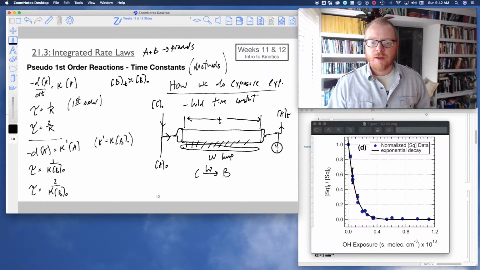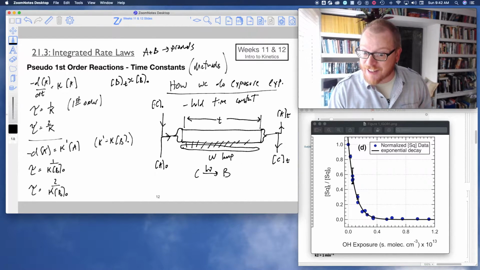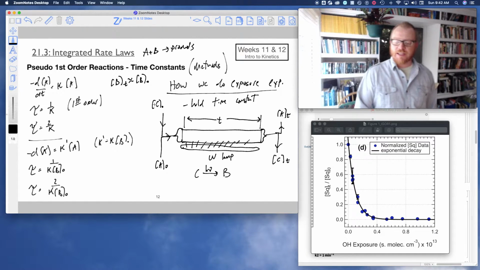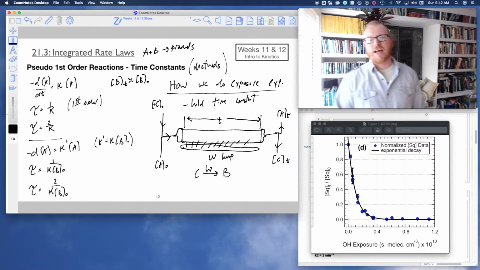Well, in a separate device, we monitor the remaining C that's left over. Now I know I said previously, the whole goal of this is to not have to monitor two reactants at once. Sometimes you have to do it. The reason why is because the OH radical is so reactive, we can't measure it. You can't measure the OH radical. It's too reactive.